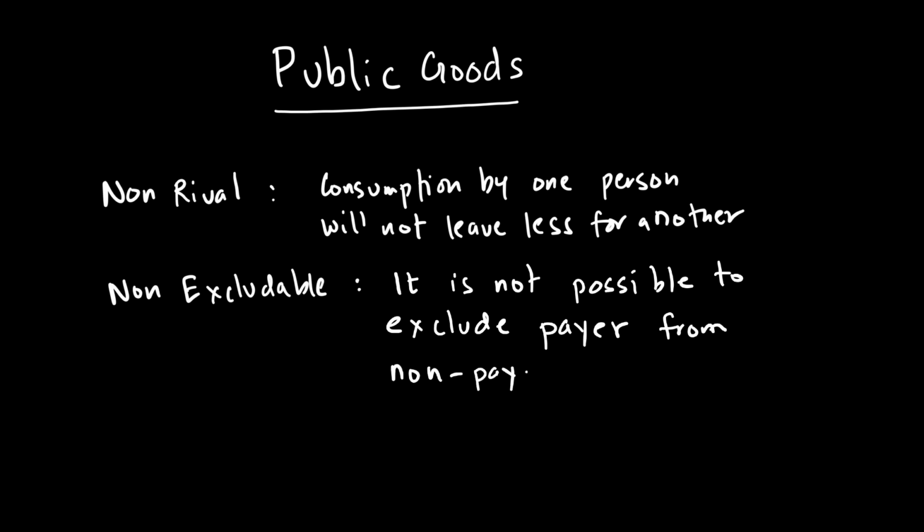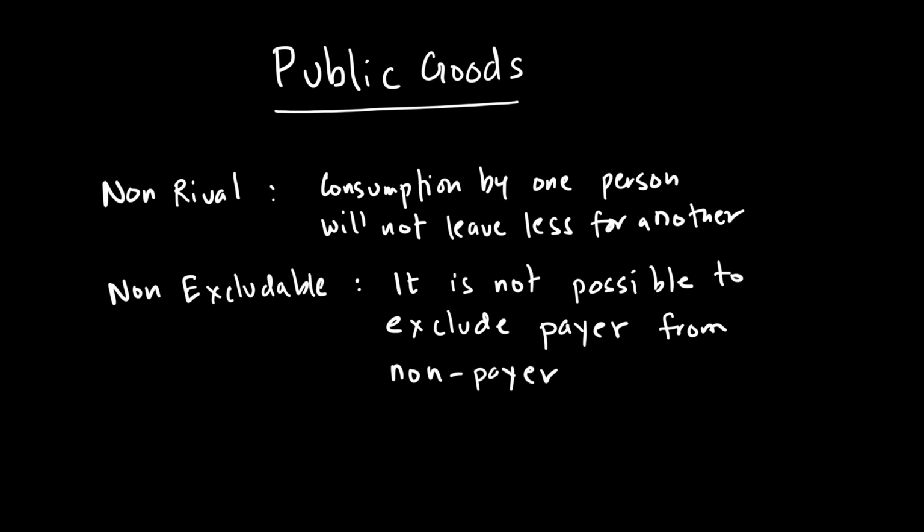What do we mean by this? Basically, if somebody pays for street light and somebody does not, you can't exclude the one who does not pay from consuming street light. It's difficult or impossible for us to charge for street light. So a non-rival and non-excludable good is called a public good.